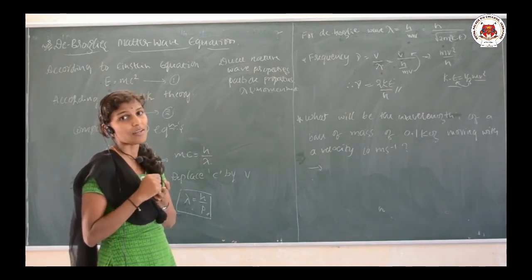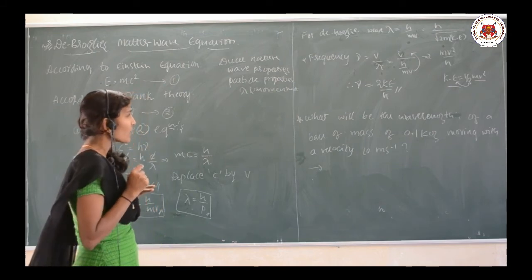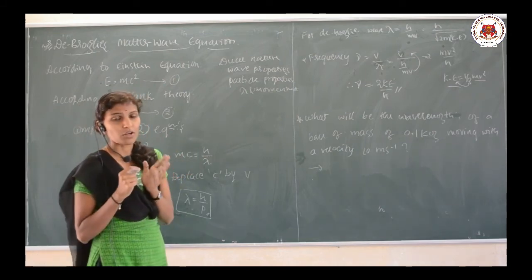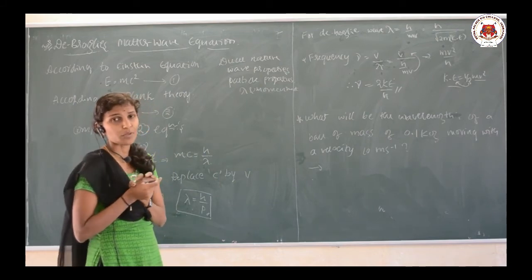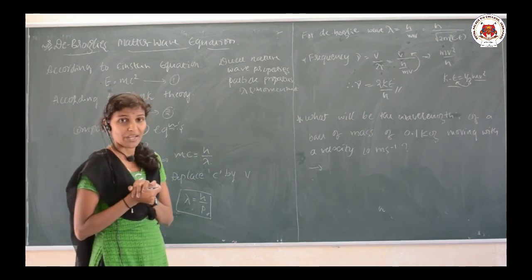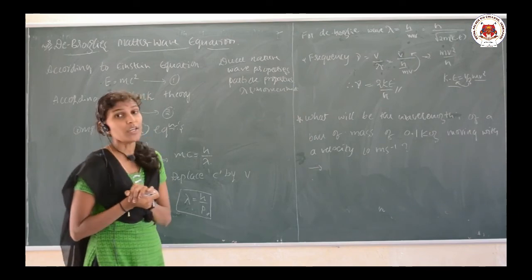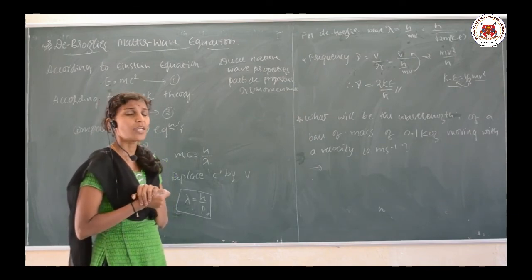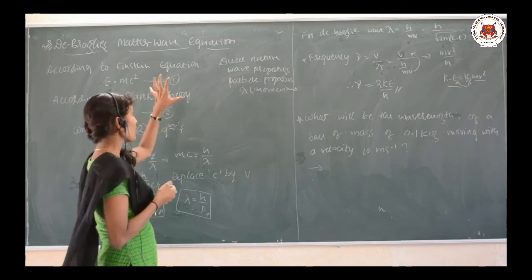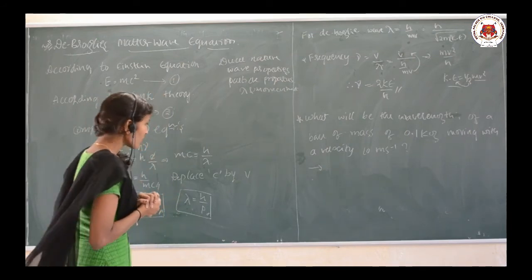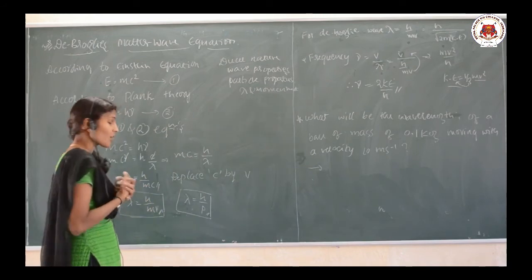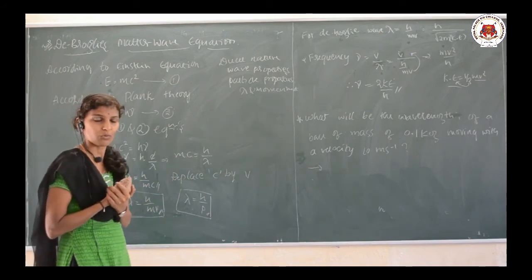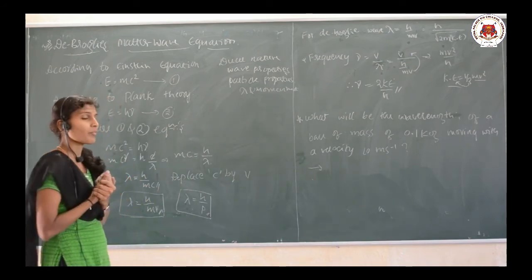He interconnected the relation between the wavelength of a matter wave and the momentum of a particle. So, both are interconnected. De Broglie suggested that point and derived the expression, and this expression is nothing but de Broglie's equation or de Broglie's matter wave equation.